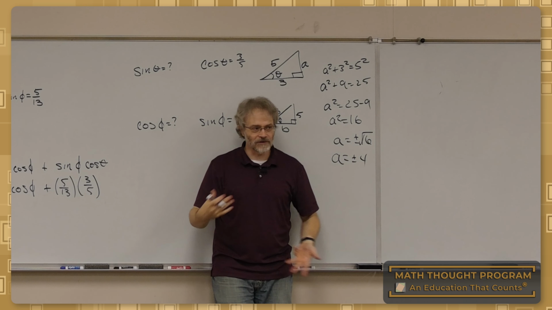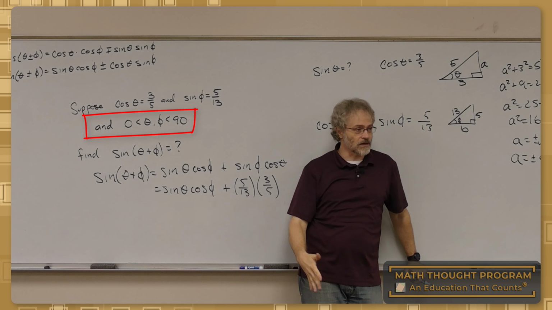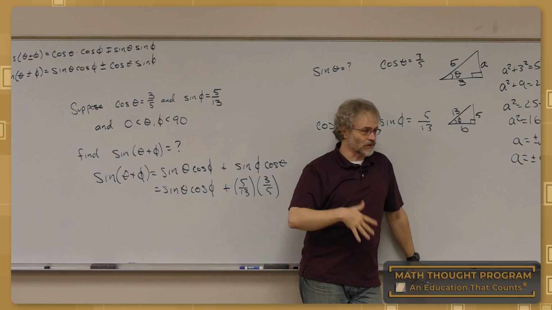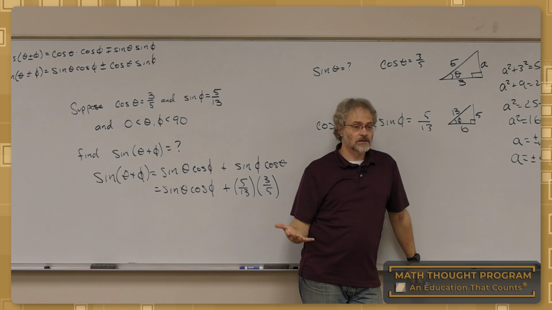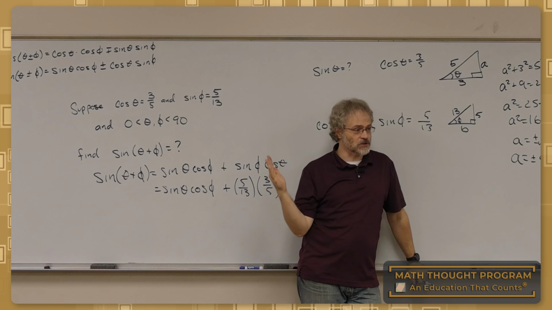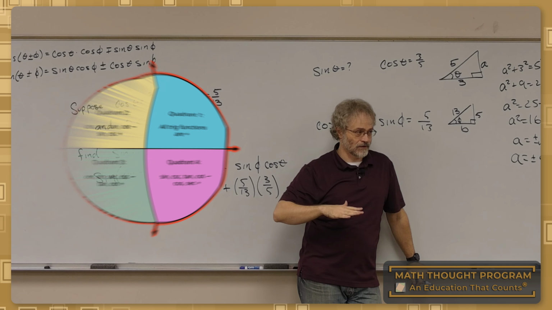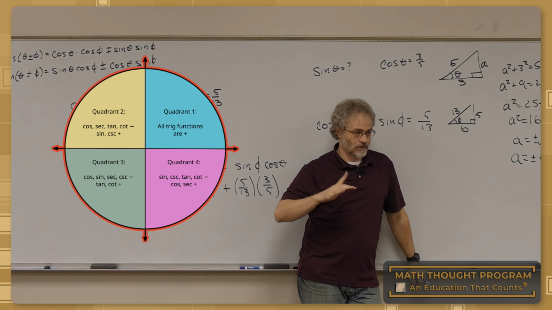Well, you wouldn't if they didn't give you something like this: theta and phi are between 0 and 90 degrees. So if you're between 0 and 90 degrees, which quadrant are you in? Quadrant 1.